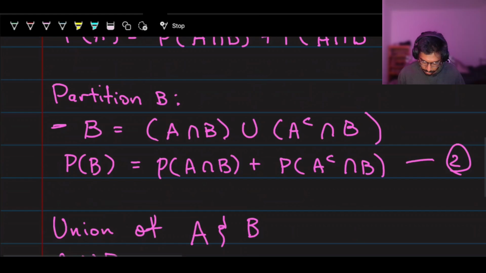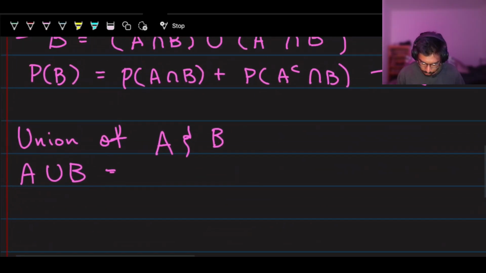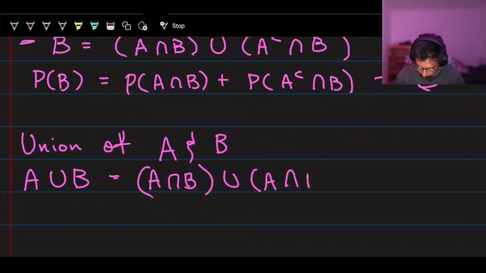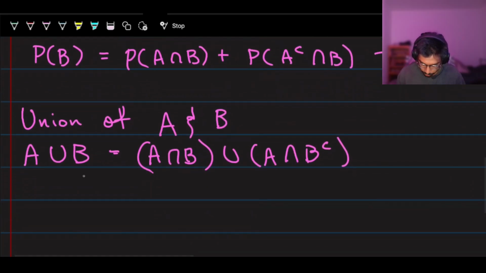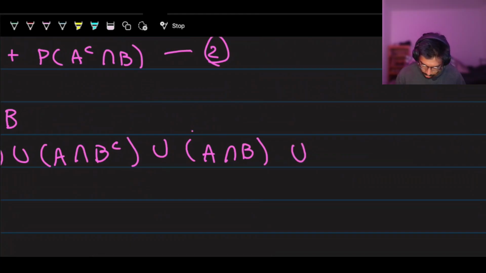So we can just union all four of these terms and get what we have. So A is A intersect B union A intersect B complement, and then we're unioning over B, which is A intersect B union A complement intersect B.